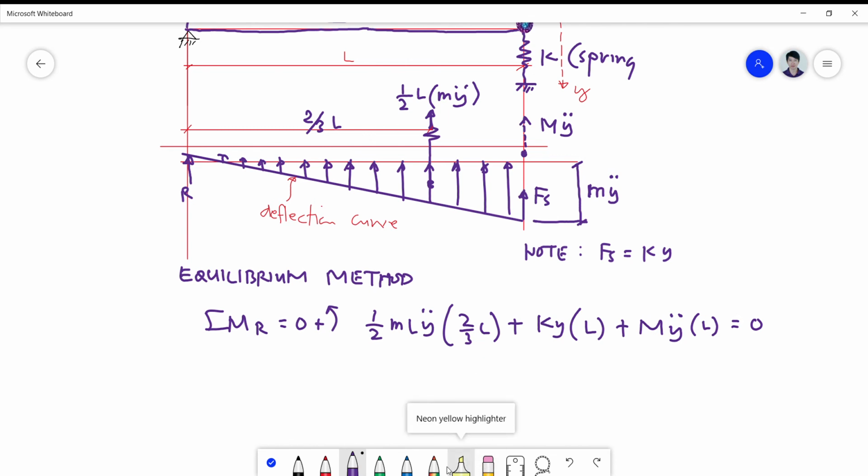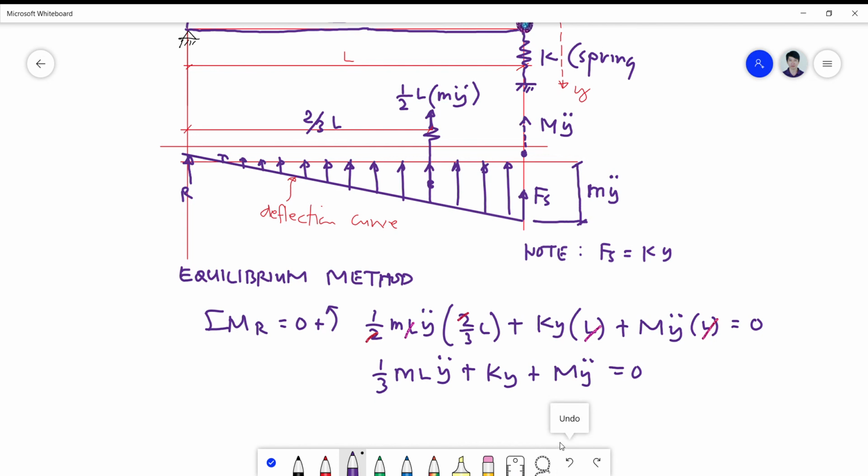You can cancel out 1L here, 1L there, and 1L there. You can also cancel 2 and 2 there. So this becomes 1/3 of M L y double dot plus Ky plus M y double dot equals 0.